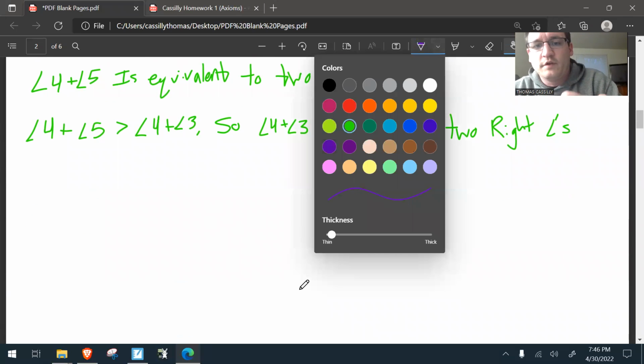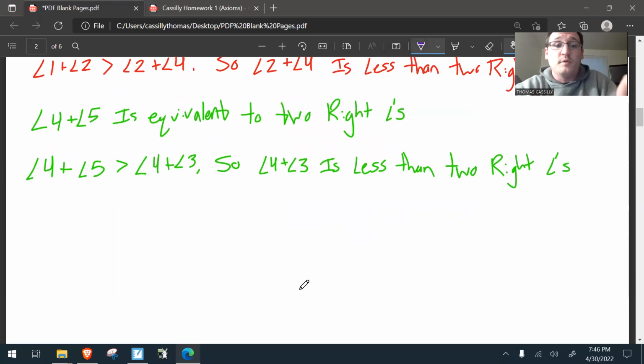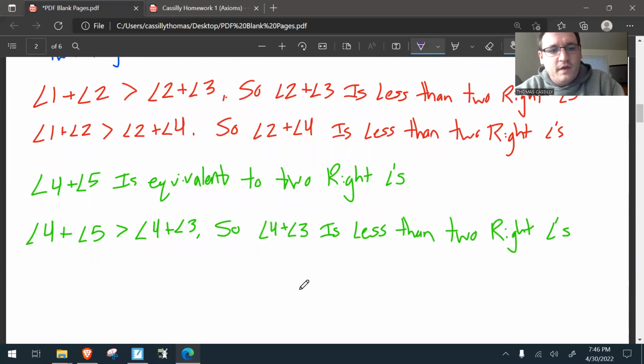To clarify things, let's add some numbers. We just showed that angle 2 plus angle 3 is less than 180.